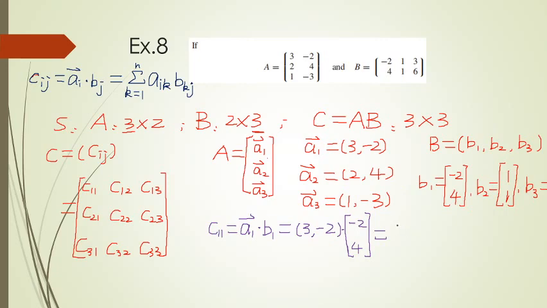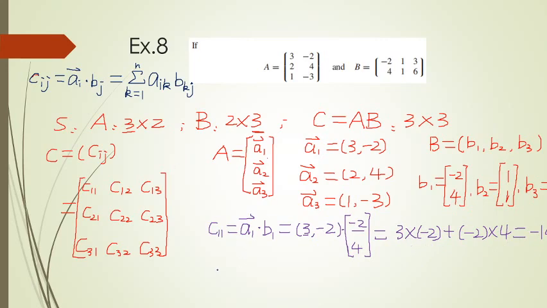That means 3 times minus 2 plus minus 2 times 4, that is a11 b11 plus a12 b21. So that is minus 6 minus 8, which is minus 14.